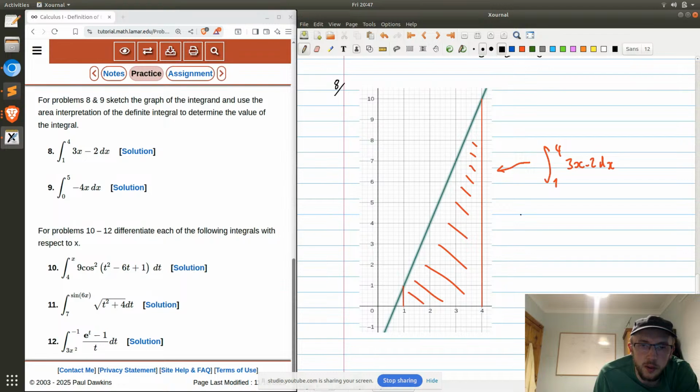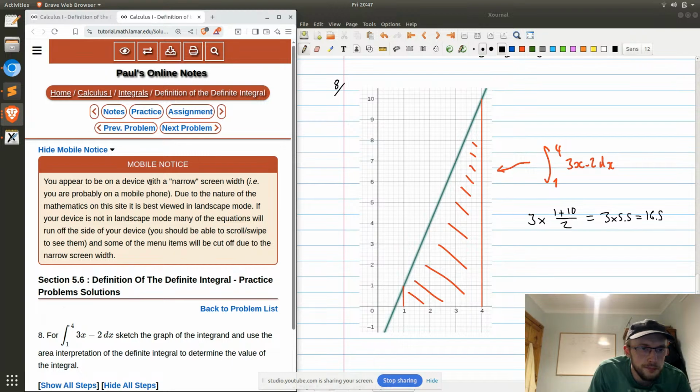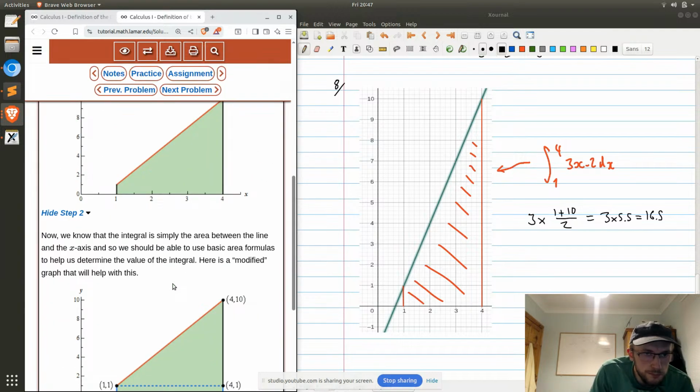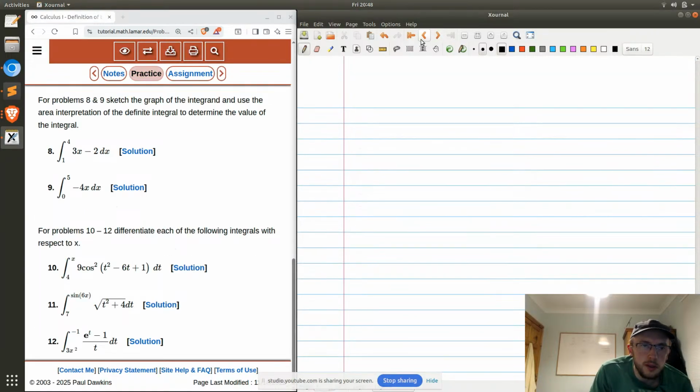So it's the quote-unquote height of the trapezoid, which in this case is 3, multiplied by the average length of the parallel sides, which in this case would be 5.5. Right? Okay, that's right. Next.